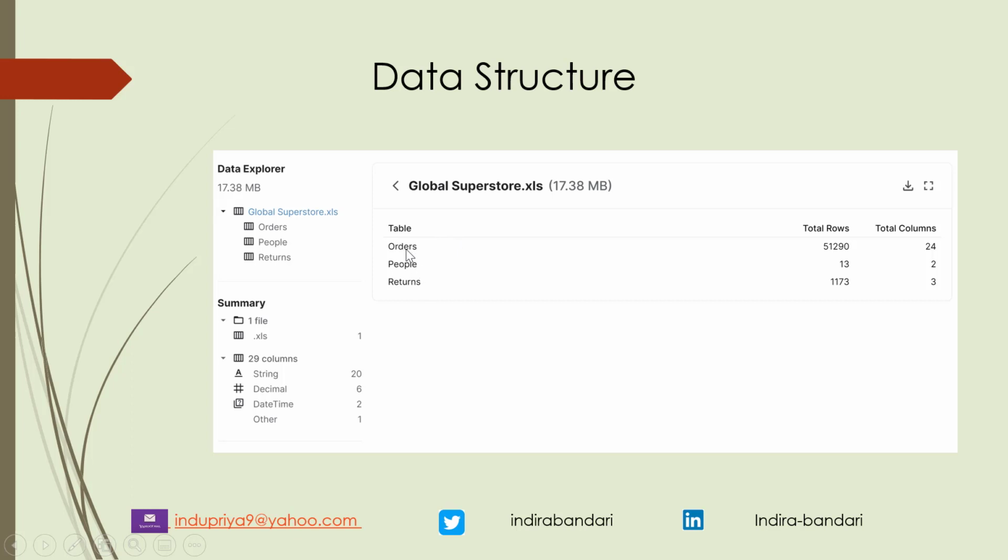First one is the orders sheet, where there are 51,290 rows and 24 columns, and there is another sheet called people, which has 13 rows and 2 columns, and there is also a returns sheet which has 1173 rows and 3 columns.